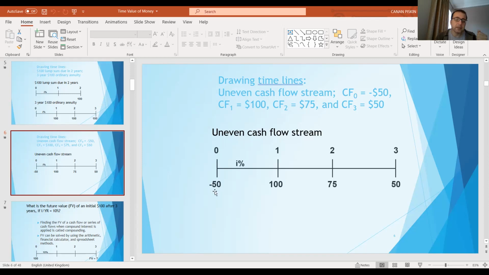So minus 50 means we are paying someone else for this cash flow, for this asset. So it's an outflow. Next year we will receive 100, in 2 years' time 75, and in 3 years' time 50. So this is the uneven cash flow. It might be the case, right?